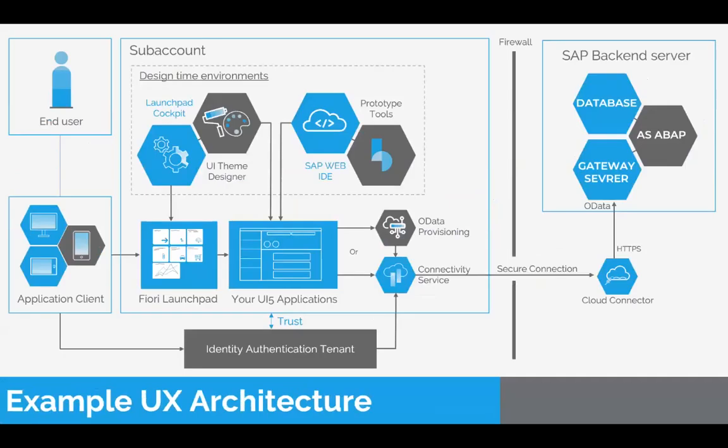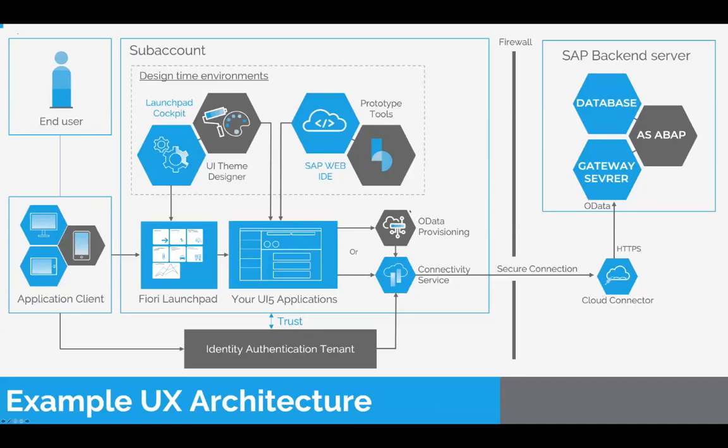Okay, so this slide really is just to talk a little bit about the architecture. There's a lot of stuff going on in that slide, but essentially, in the middle section, we have these things called sub-accounts, which we'll come on to, and you've obviously got your back-end server. So SAP ECC, for example, or an S4, and you're typically connecting via Cloud Connector to your global accounts and tenants in the cloud.